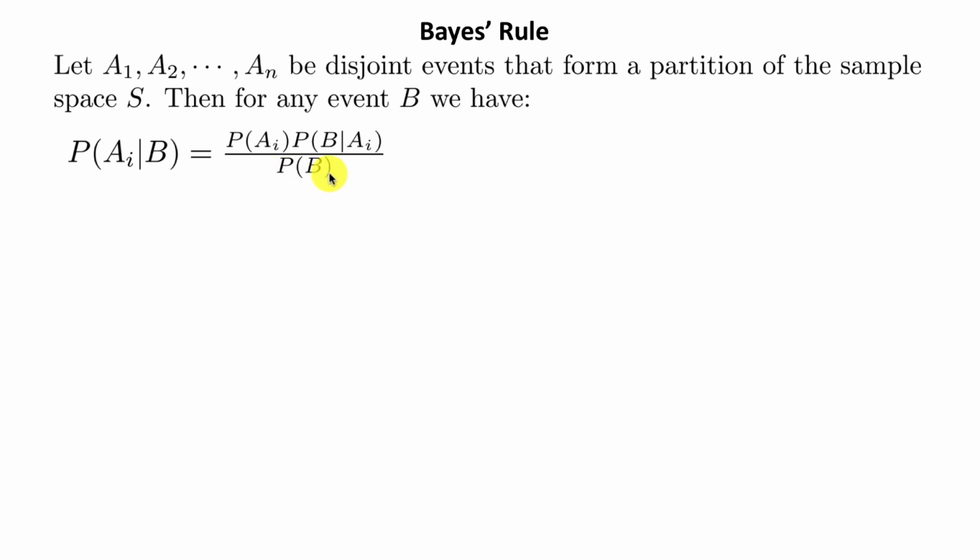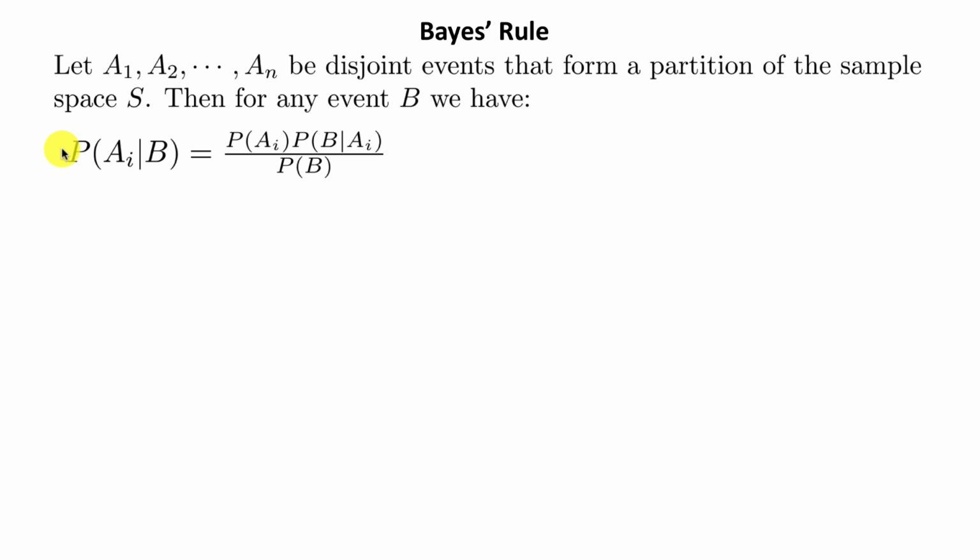Now, that is perfectly obvious because if I take PB on this side over here, then by the definition of conditional probability, this is just the probability of AI intersection B, but then that's exactly the same as the probability of B intersection AI.